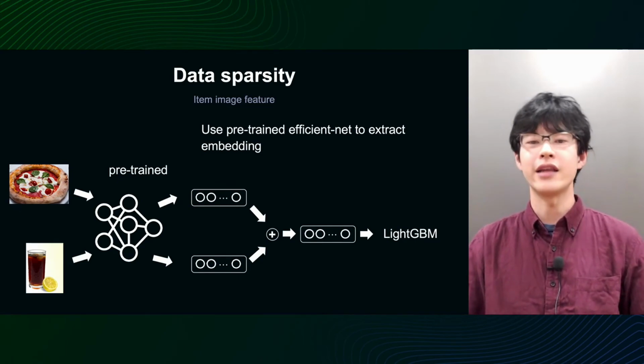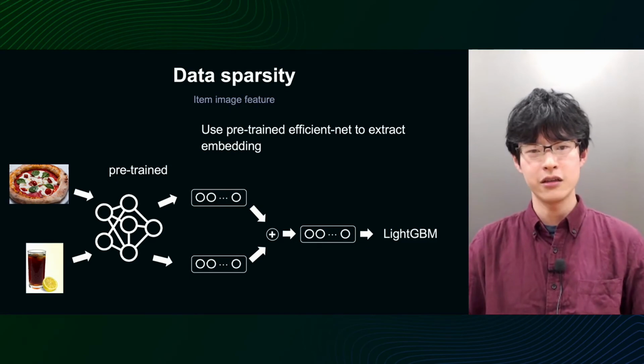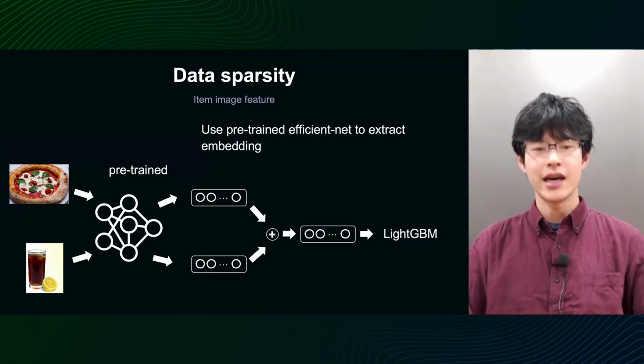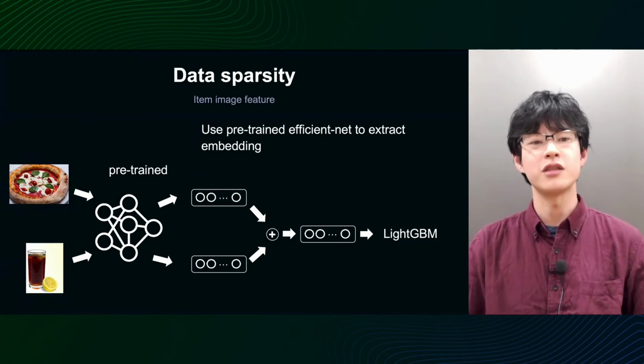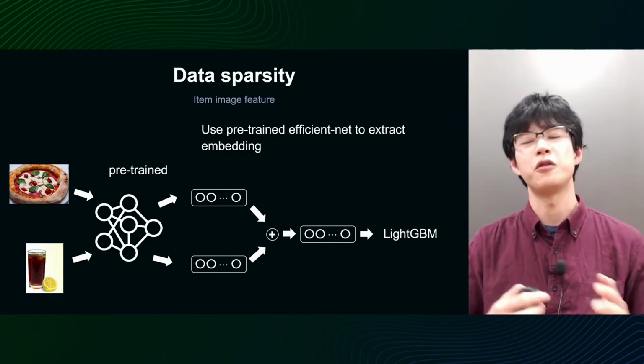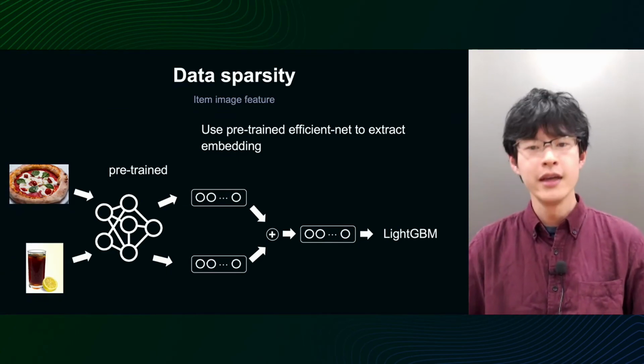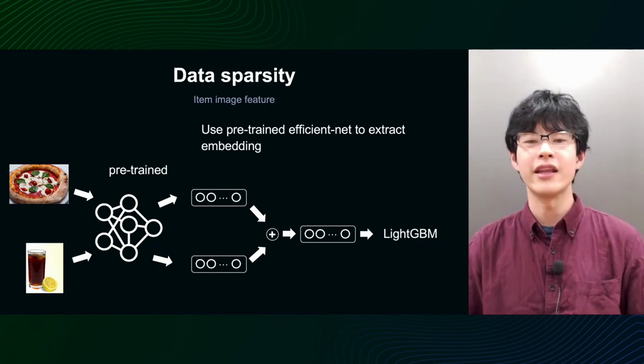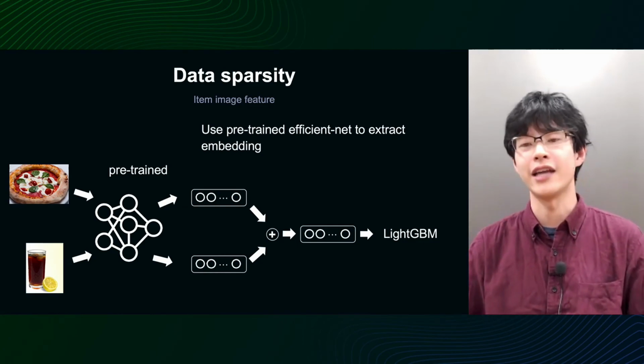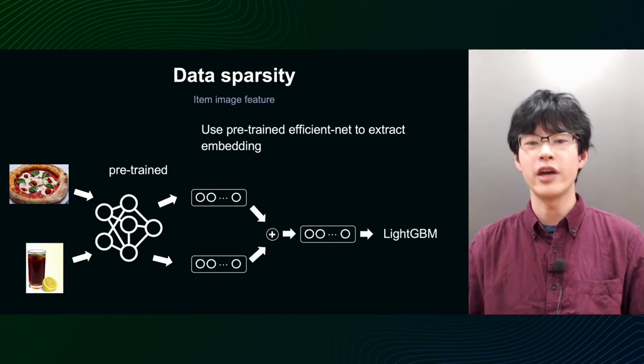We expect the accuracy of the model will be improved by giving the characteristics of the genre of each item. In practice, we use a pre-trained deep learning model to input the images of items and output the embedding. We then took the average of the embeddings of products in the order to be predicted and fed this to LightGBM.